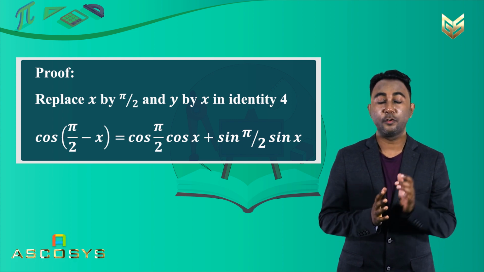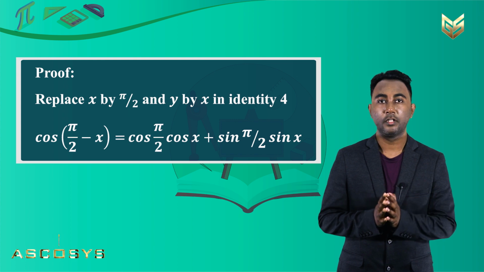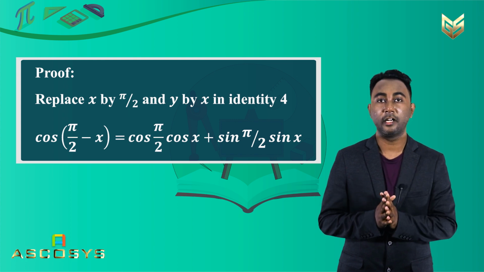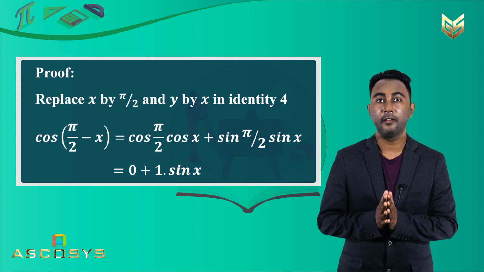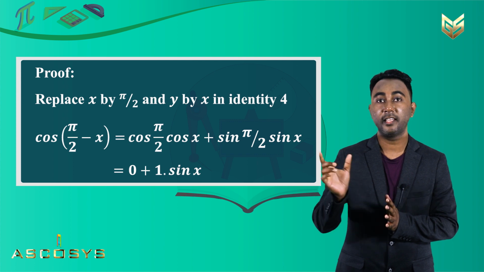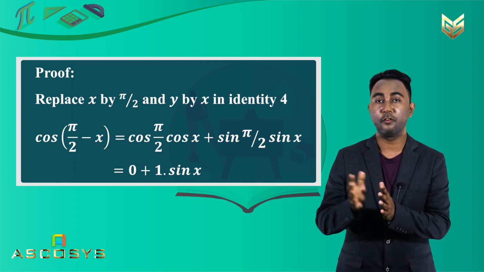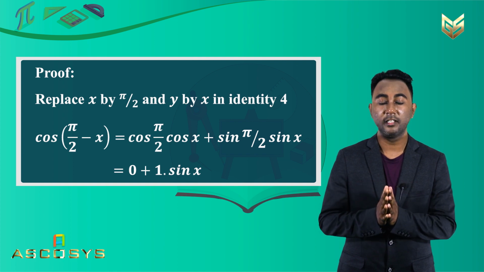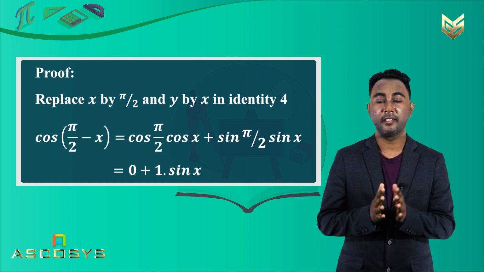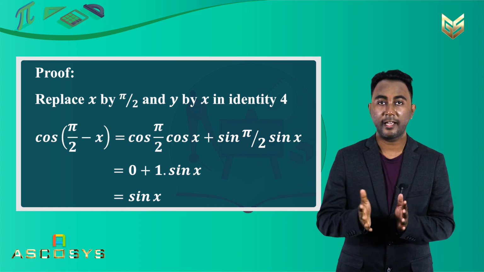Now, cos pi by 2 we know is 0. So, the first term becomes 0. Now, sin pi by 2 is 1. So, we replace sin pi by 2 with 1. Then, the second term becomes 1 into sin of x, which is just sin x. Thus, our identity cos of pi by 2 minus x is equal to sin x.